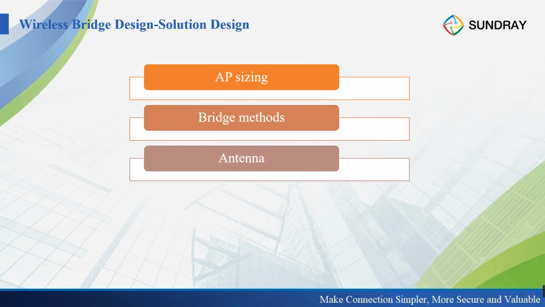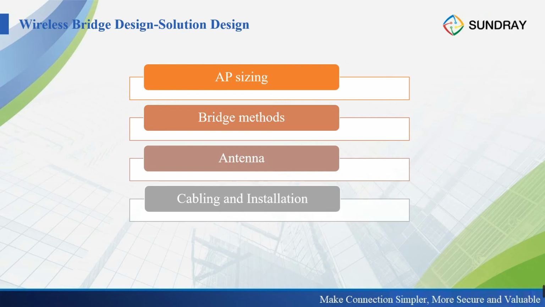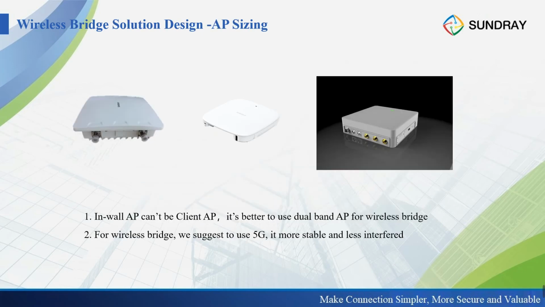Then we can do the sizing, the tower size survey, and choose how to do the wireless bridge antennas. For the APs, we have outdoor, indoor, and vehicle APs, which all support the wireless bridge.